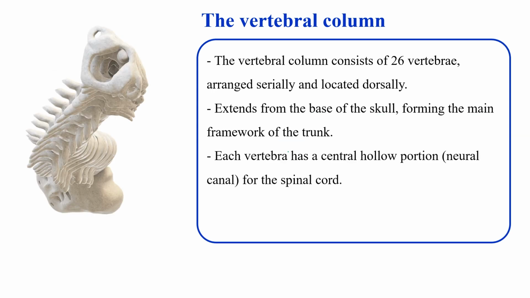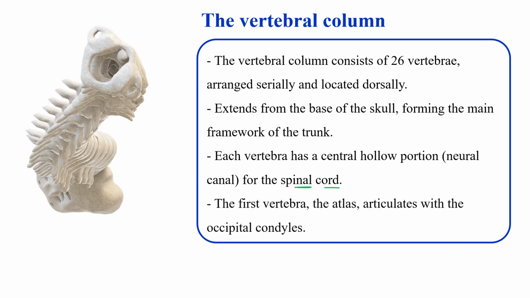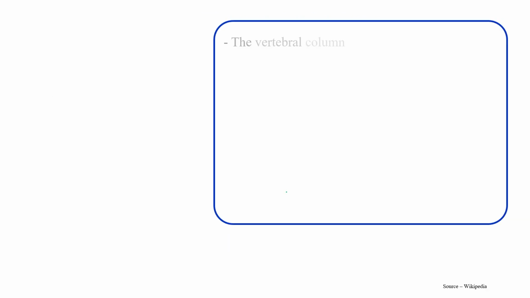Each vertebra has a hollow portion through which the neural canal of the spinal cord passes. The first vertebra, what is the name of the first vertebra? Atlas. This atlas articulates with the occipital condyles.